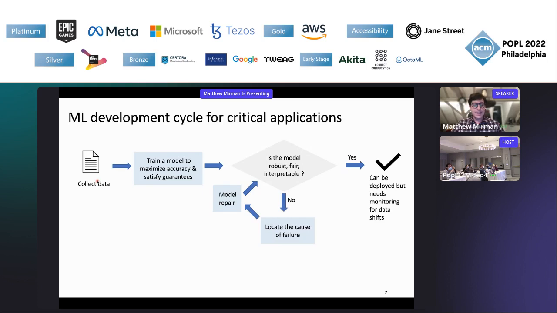And this doesn't end at just training the model and testing on a hidden subset of the data set that is collected originally. We might want to use formal guarantees about specific properties of a neural network, such as that the network behaves fairly, in order to build these models.